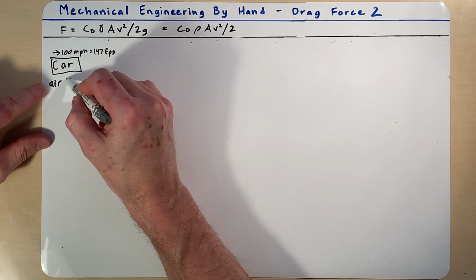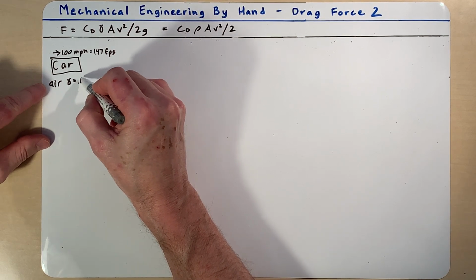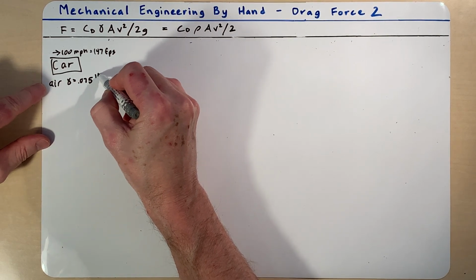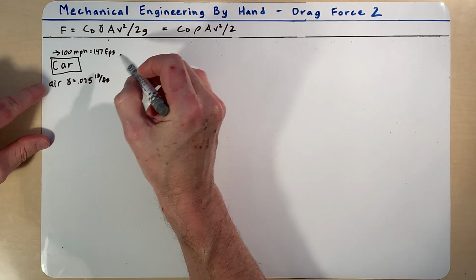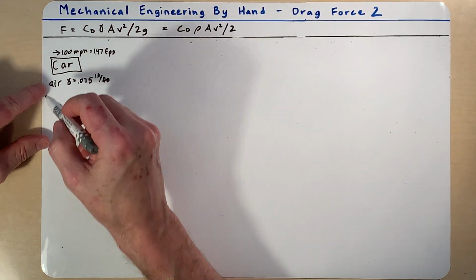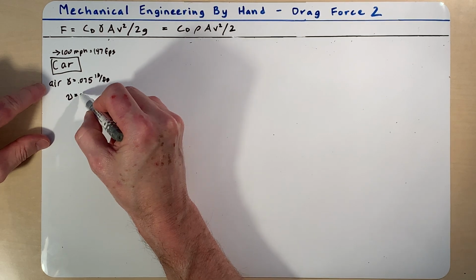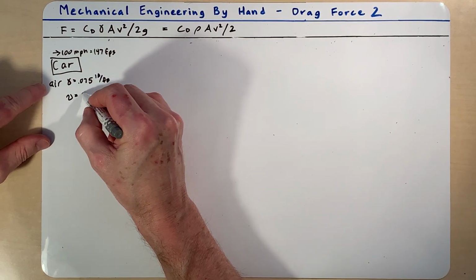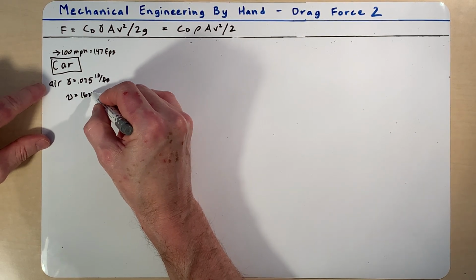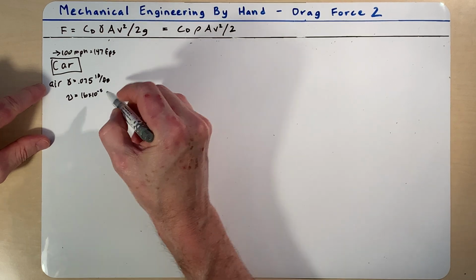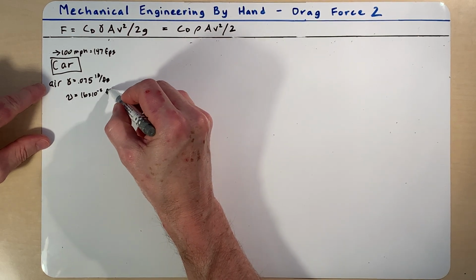So the specific weight will be 0.075 pounds per foot cubed. And we need the kinematic viscosity. That is 16 times 10 to the negative fifth feet squared per second.